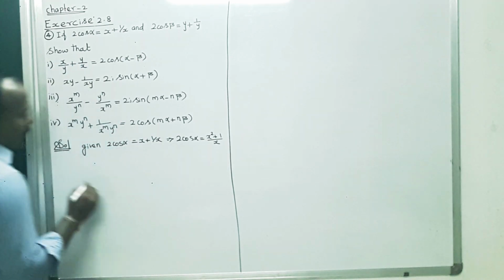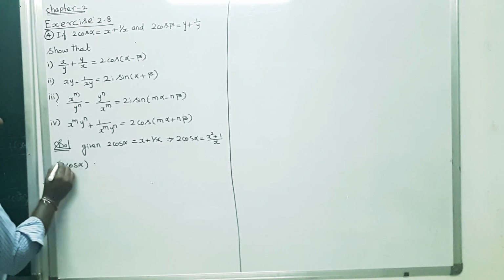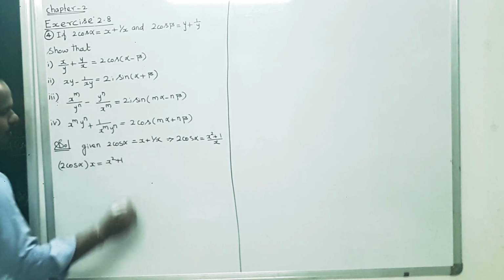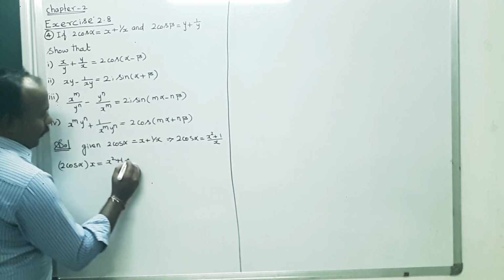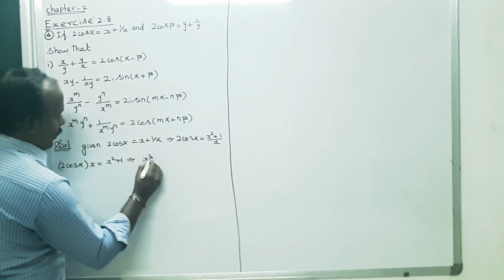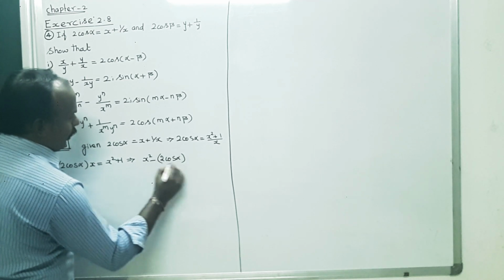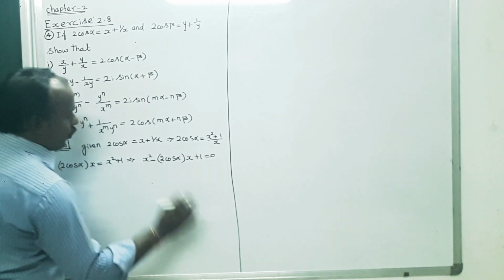Next, cross multiplication: 2 into cos alpha into x is equal to x square plus 1. To form a quadratic equation, x square minus 2 into cos alpha into x plus 1 is equal to 0. This is the quadratic equation.